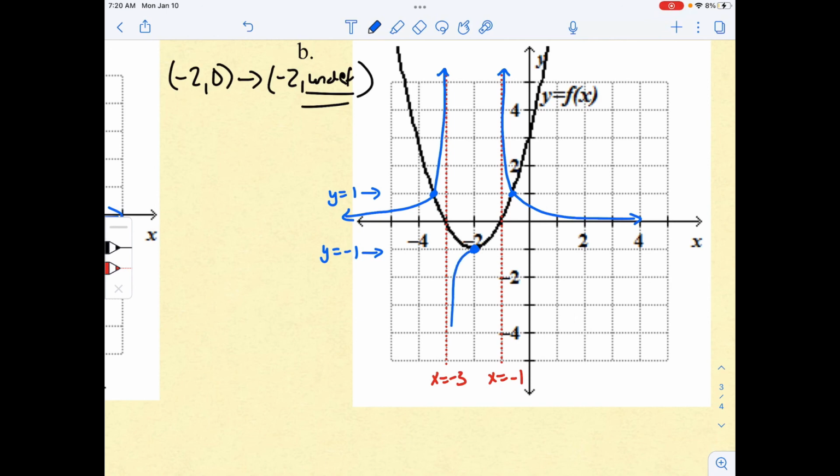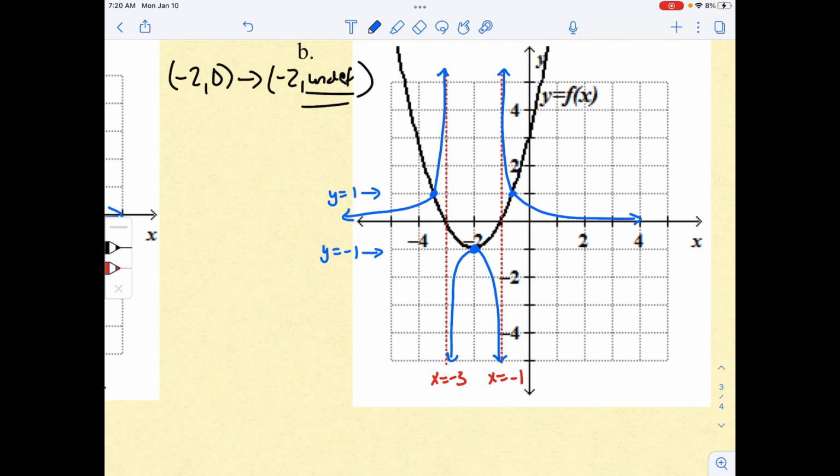For this one, the vertex at -1 is my minimum, and the reciprocal is -1, so the midsection of our reciprocal function looks sort of like that.